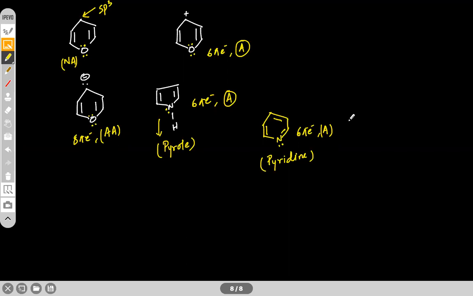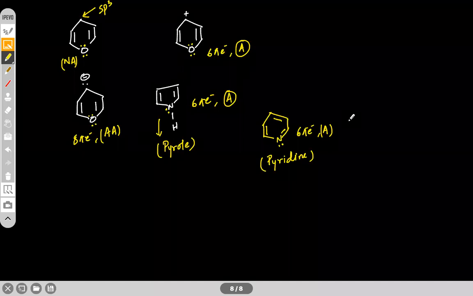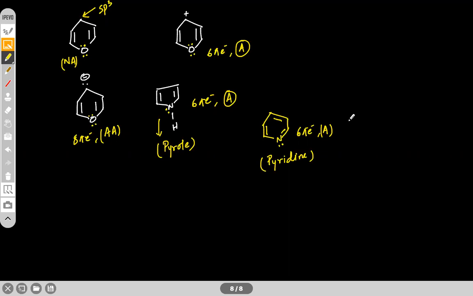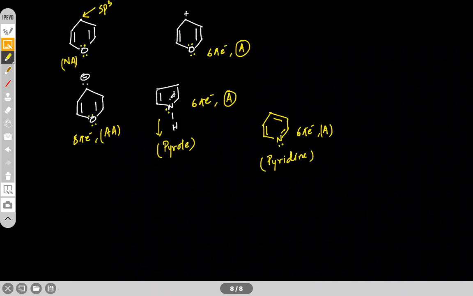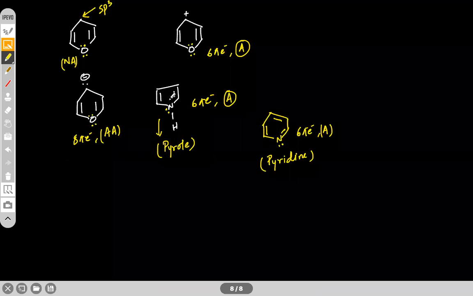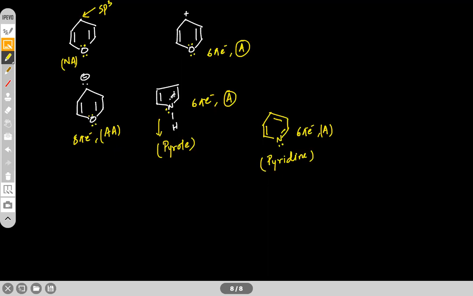Okay, nitrogen atom sp2 hybridized, the lone pair present on it is not involved in resonance. Right, this is what you need to keep in mind. If nitrogen is not sp2 hybridized, if it is sp3, like in this case, you see, it is involved in resonance, and we count that. Correct.